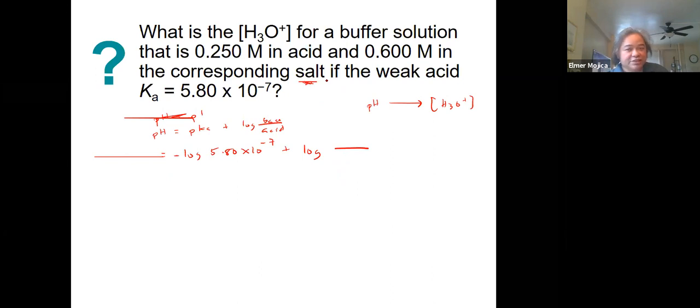Your conjugate acid will also come from a salt. So you end up writing 0.60 over 0.250. And what do you get? Negative log 5.80 exponent negative 7.